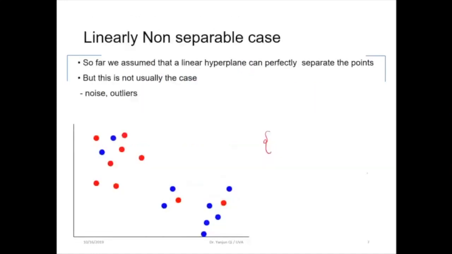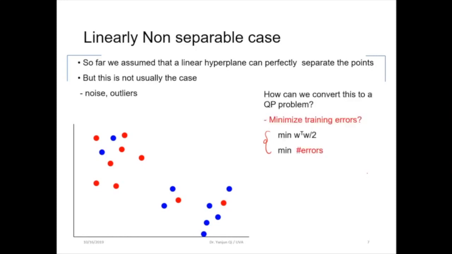Now let's look at this case. For example, the majority of the points in the two classes can be nicely separated, but there are noisy samples. Here, these two blue samples are on the dense red class side, and these two red points are on the dense blue class side. So how do you represent this? I still want to maximize the margin, which is equivalent to minimizing W transpose W over 2.